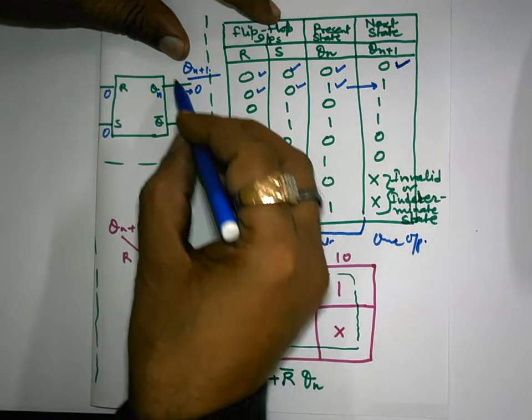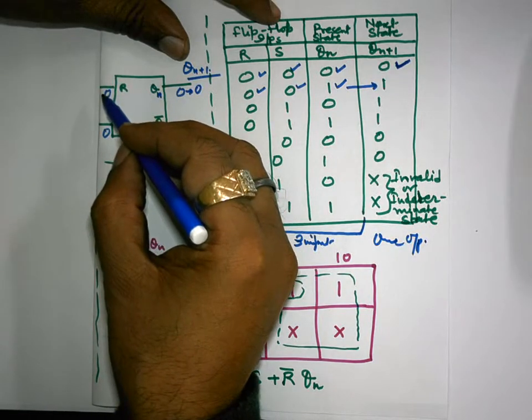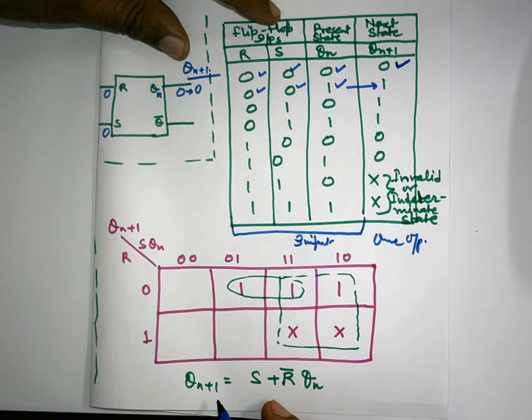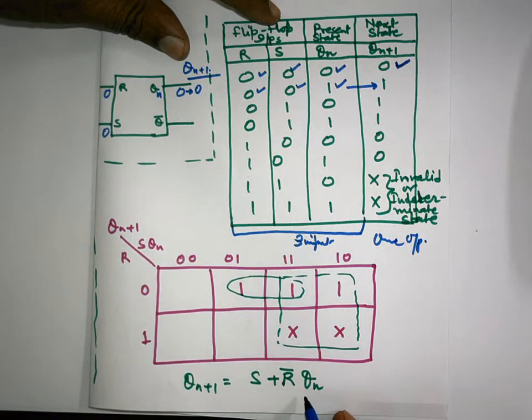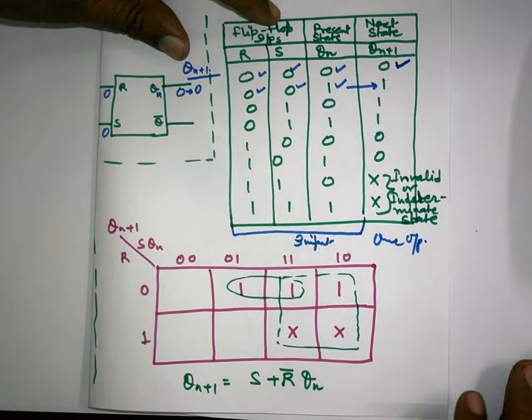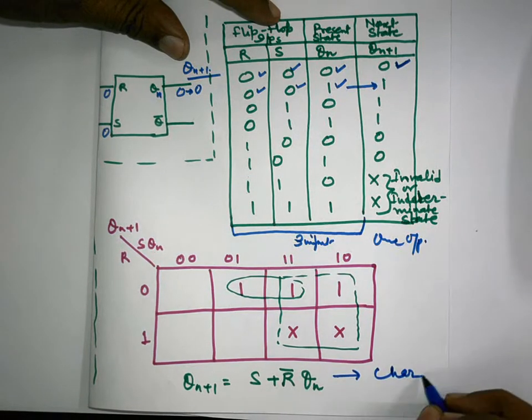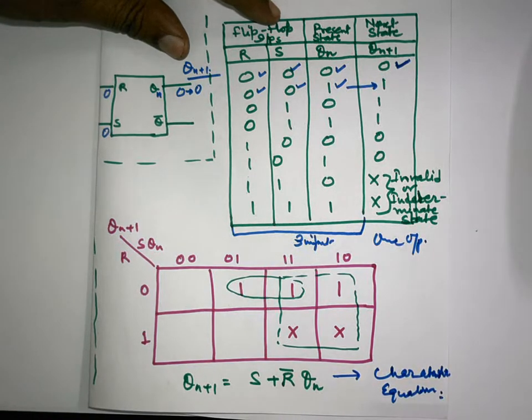Present state also forms the input of this SR latch. So next state is equal to S plus R bar Qn, and this equation is called characteristic equation.